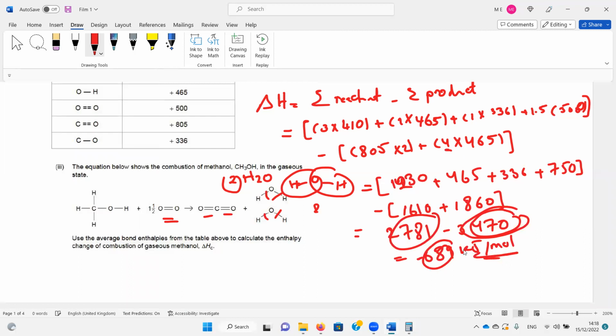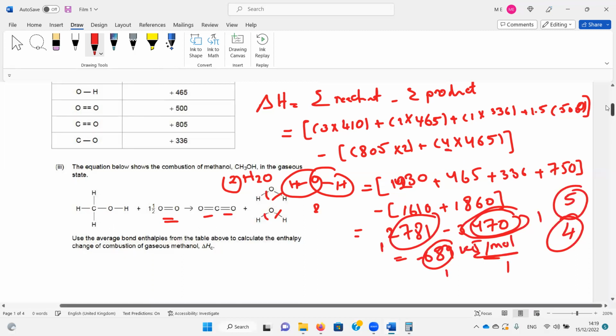Because if the marking scheme gives 1 mark for the summation of the products, 1 mark for the summation of reactants, 1 mark for the final answer, 1 mark for the unit, so basically 4 marks, or maybe 5 marks, and 1 mark to show how you worked out the problem. You'll be losing 4 marks if you don't get the exact figures, and you'll be getting only 1 mark for this whole problem. So please pay attention, do the problem step by step, and take your time.